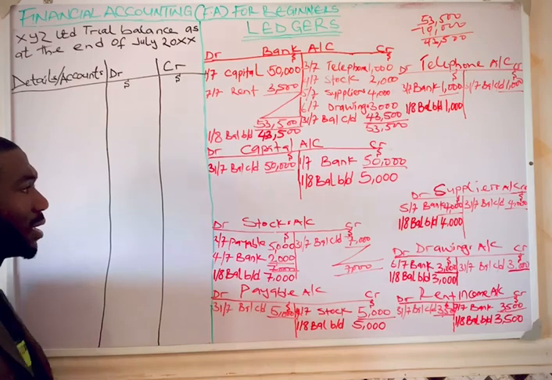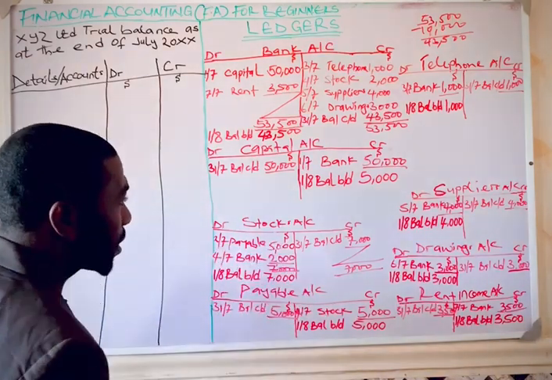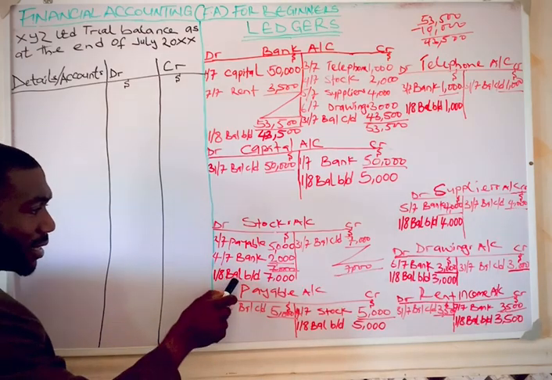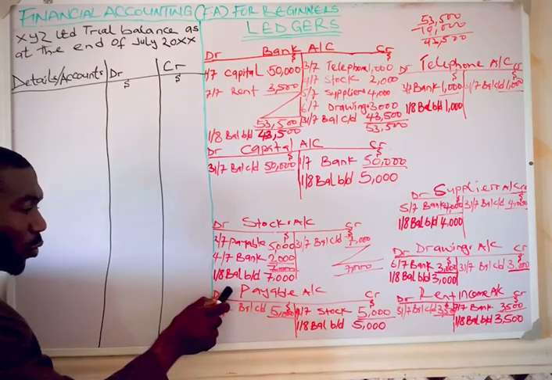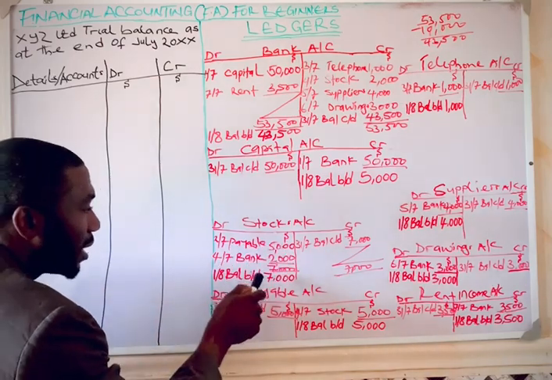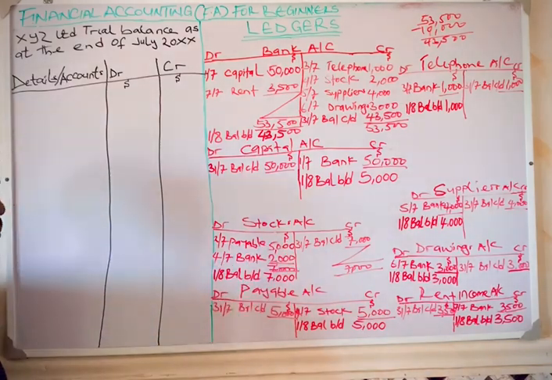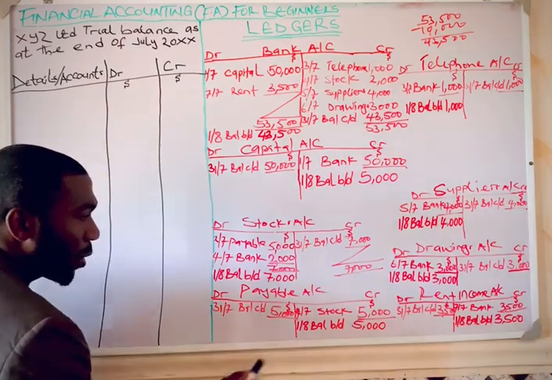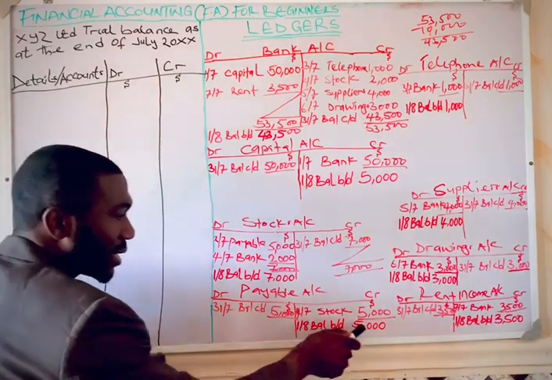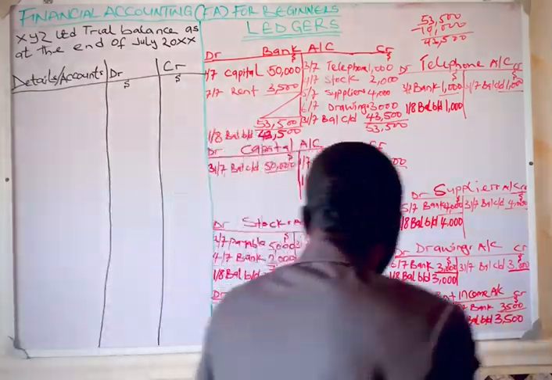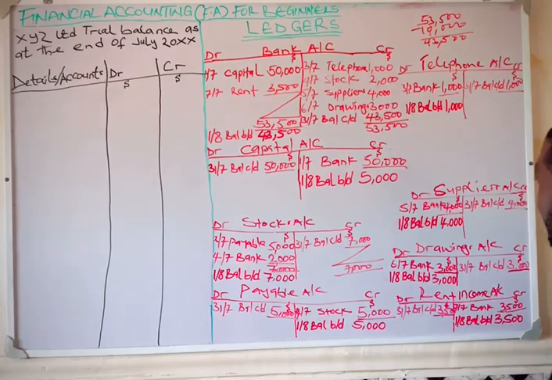Stocks account or inventory: the balance BD is at the debit side, so it has a debit balance. Payables account: our balance BD is at the credit side, so the payables account has a credit balance.